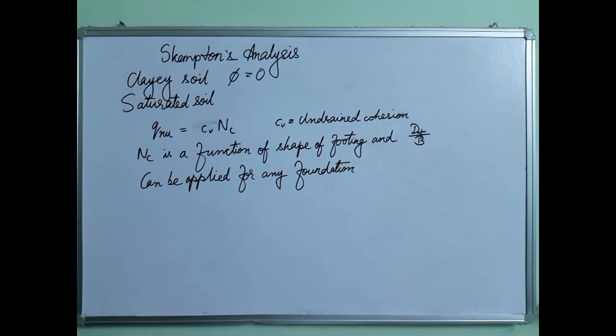It was for what? Shallow foundation. But here we can go beyond shallow foundation. And the effect of shear in Terzaghi's theory was taken for the soil below the base of the footing. But here, in Skempton's theory, the effect of shear above the base is also considered.